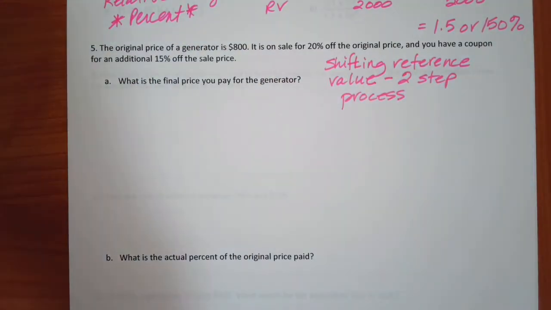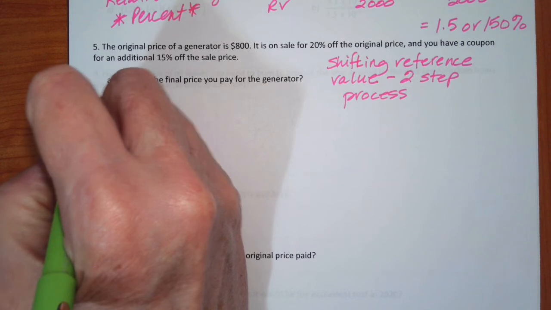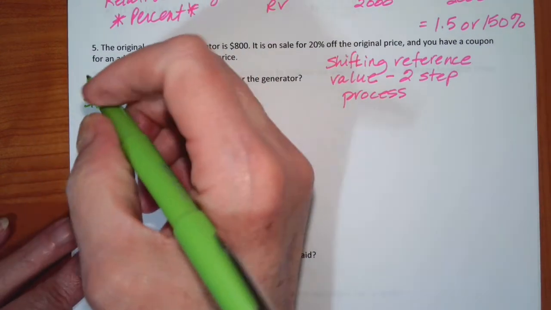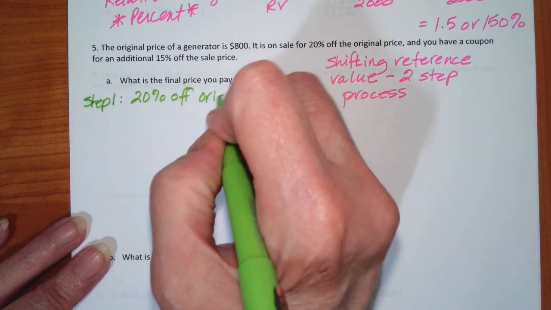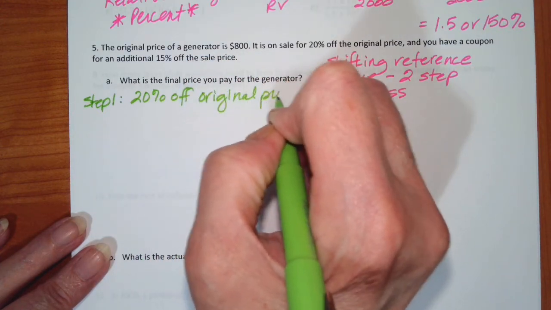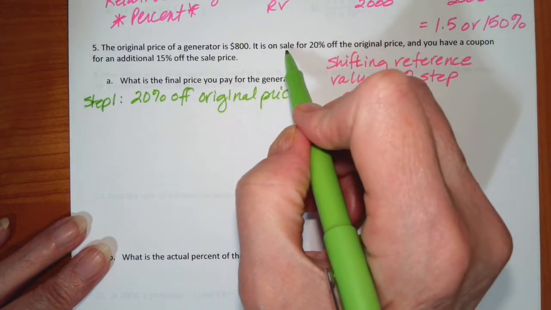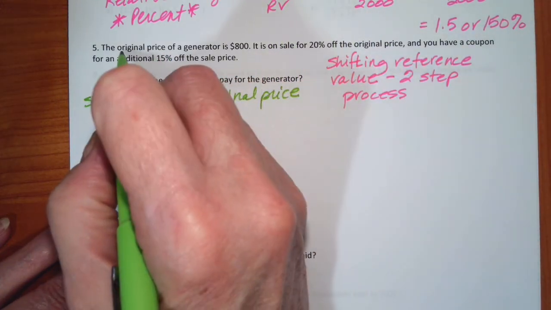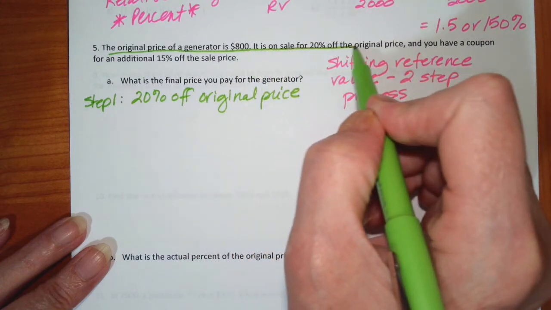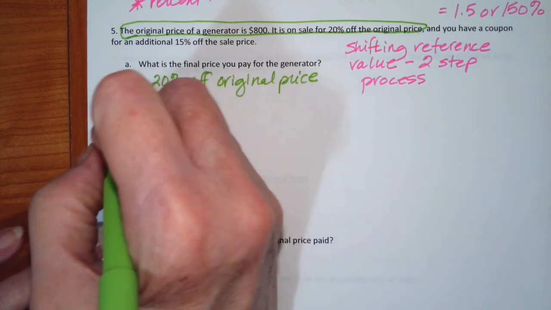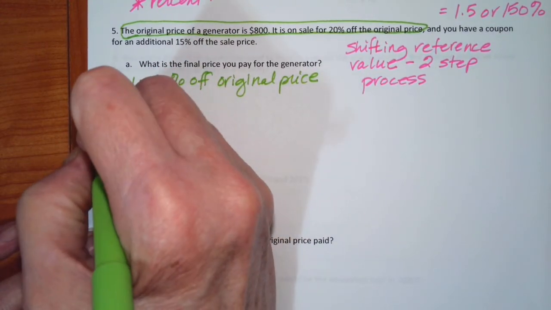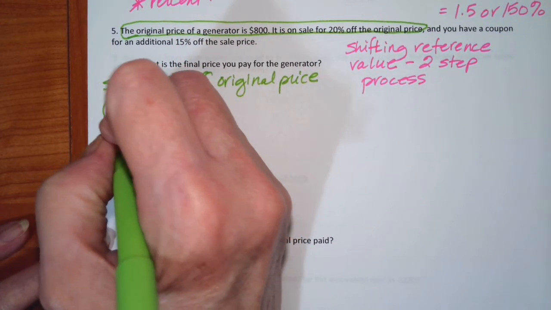Okay. So step one is going to be the 20% off the original price. Okay, so the original price and the 20% off the original price, this is step one. Again, our reference value is the original price, and we're going to take off 20% of that.